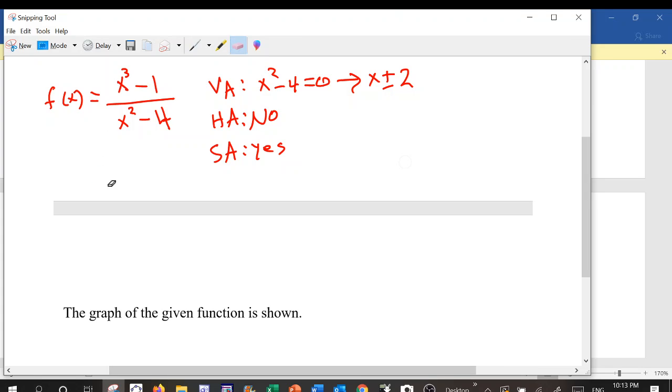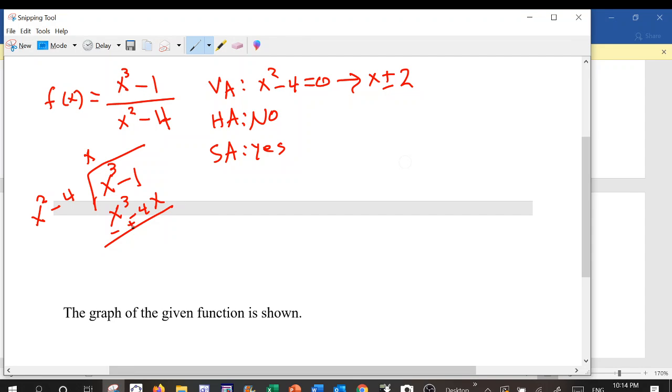What is the slant asymptote? Well, we're going to have to divide this x to the third minus 1 by what? By x squared minus 4, right? So this divided by that is x, and multiply, we get x to the third minus 4x.